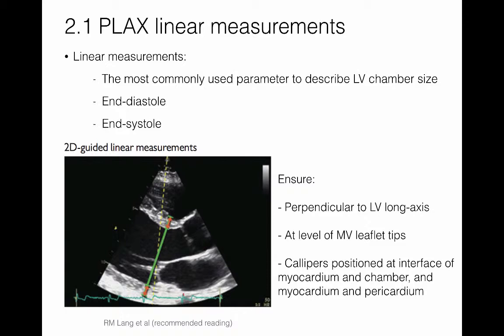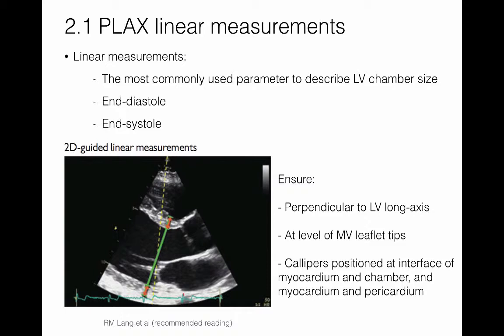Parasternal long axis linear measurements. Linear measurements are commonly used and a parameter often used to describe left ventricular chamber size. Measurements are made at end diastole and end systole.